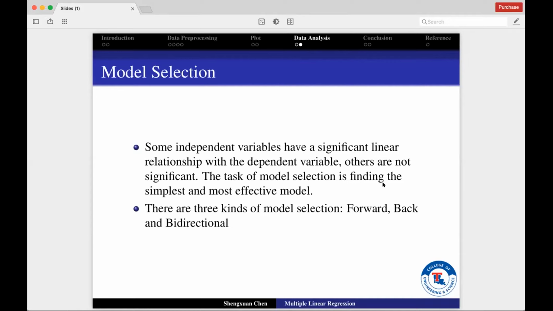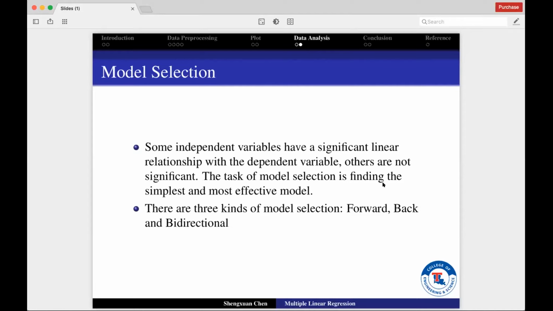Forward model selection starts with the model without any independent variable, then adds the most significant independent variable into the model and repeats until no more significant variables remain. Backward selection starts with the model with all independent variables, then removes the most insignificant independent variable, and repeats until no independent variable can be removed.